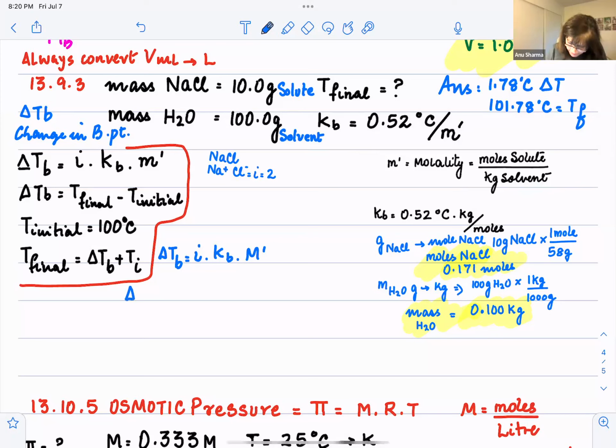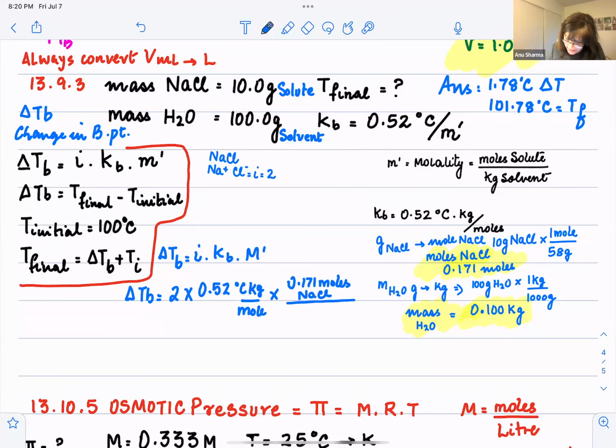Now let's do this. Delta TB is equal to 2 times 0.52 degrees Celsius kilograms per mole, times the moles of NaCl, 0.171 moles, and that is for NaCl.